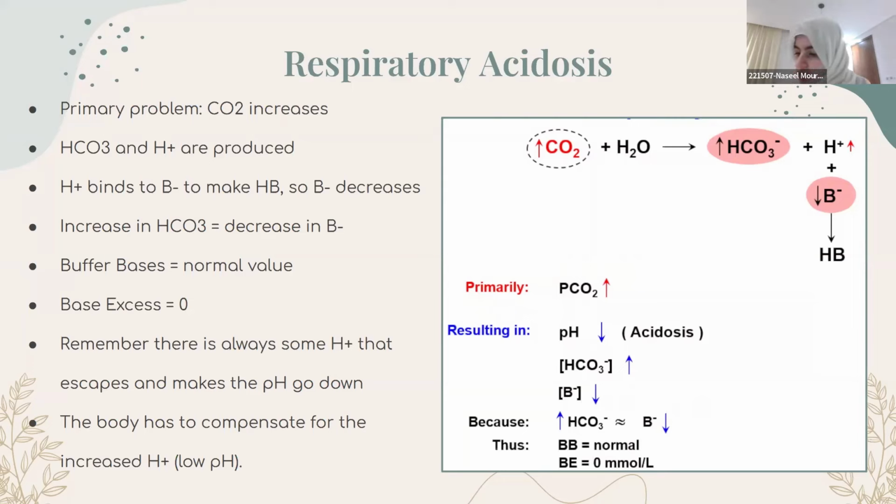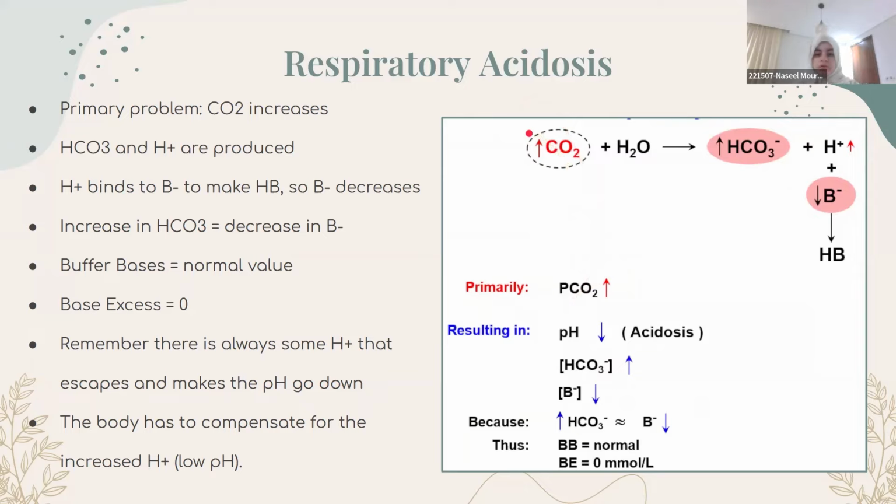So the reason we have acidosis is because of the H plus? Yes. The reason why you have this respiratory acidosis, I know that we said the primary disturbance is carbon dioxide, but in the end, this produces what? Hydrogen ions. And these hydrogen ions are acidic and they make the pH go down. However, your primary disturbance is carbon dioxide.